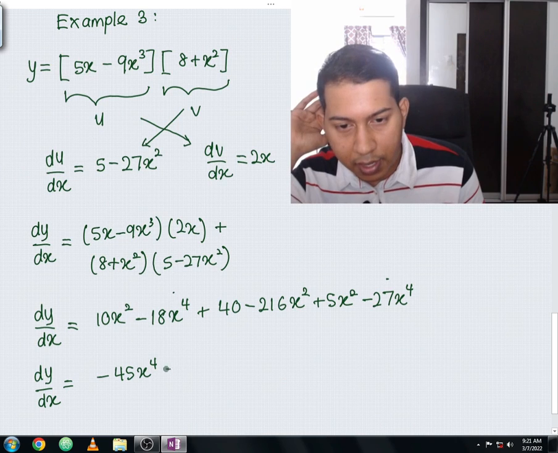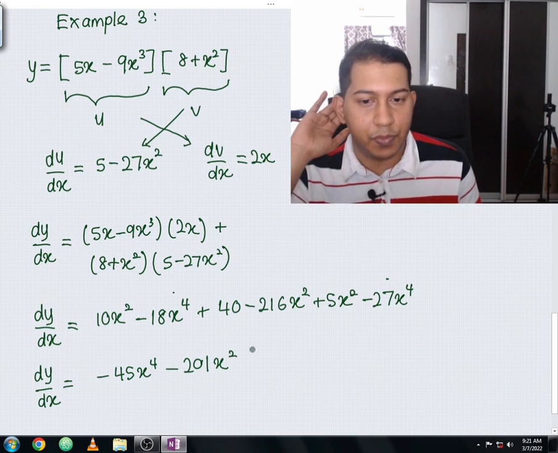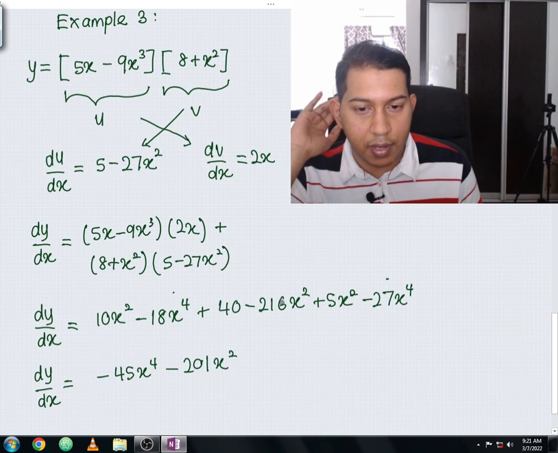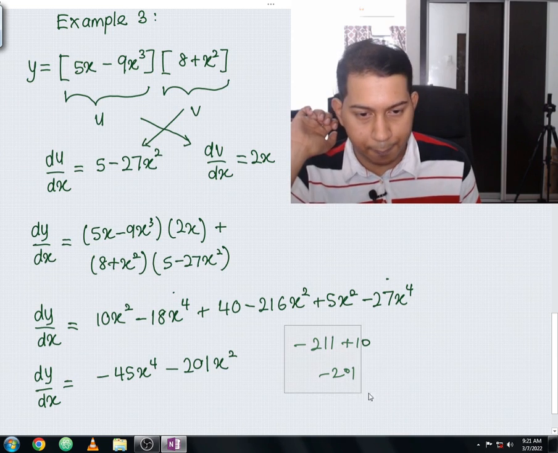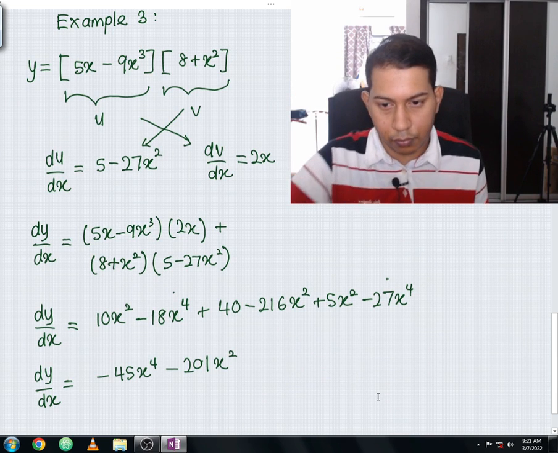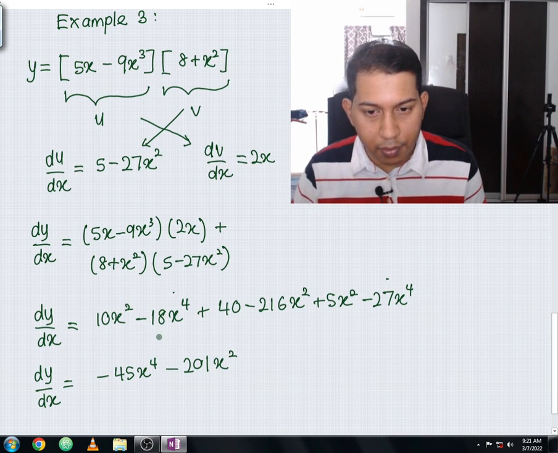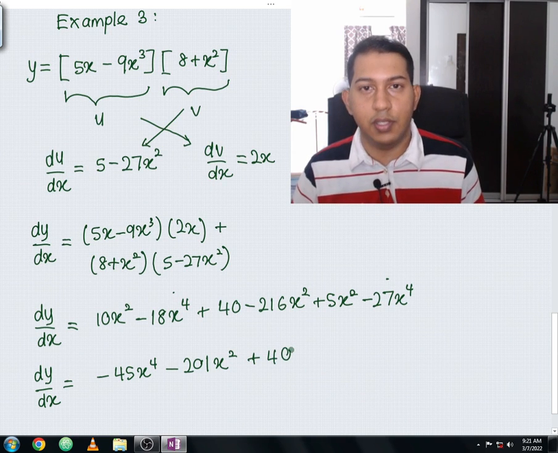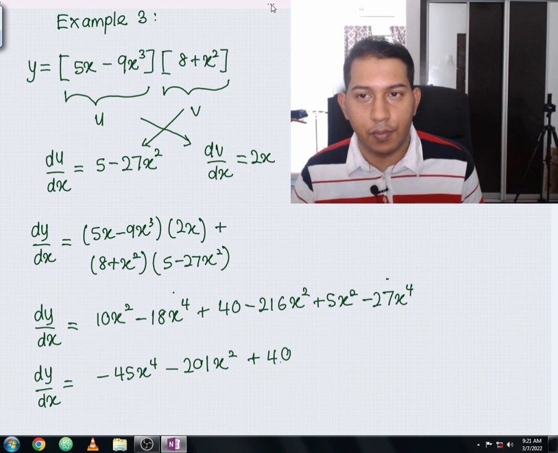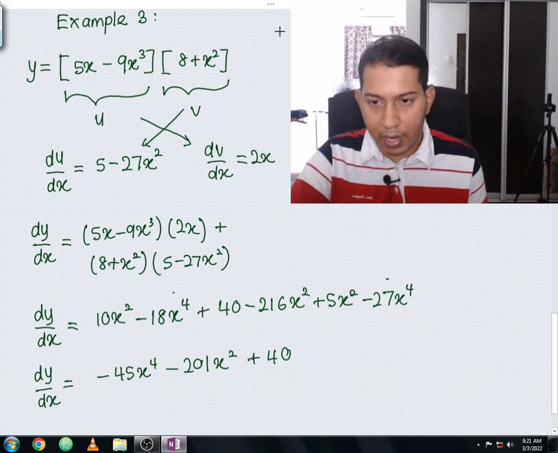So from here, negative 216 plus 5 is negative 211, plus 10, so from here you get negative 201x squared. And then plus 40. So this is your final answer for example 3. So let me underline this.